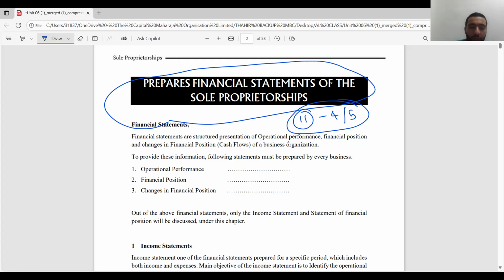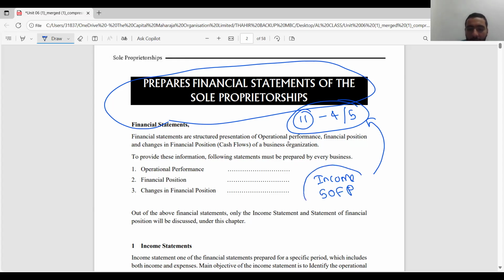In O-levels and A-levels, what is the difference? In O-levels, there was the income statement and the balance sheet, also known as SOFP.